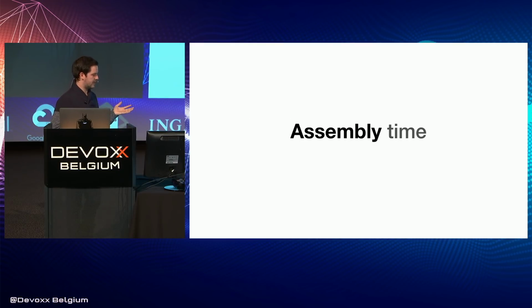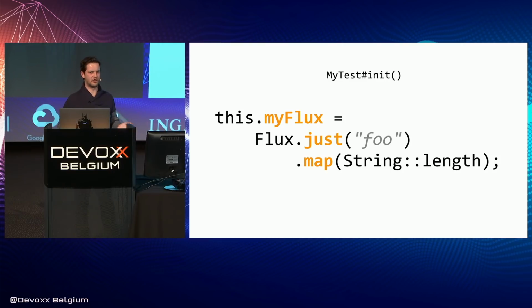So we generally say that you have two steps in the life cycle of a publisher, of a Flux or a Mono. And the first one is assembly time. It's basically instantiation of a Flux object. So here, let's say you have a test suite, and you have an initialization block. Before each test, you want to initialize a Flux.